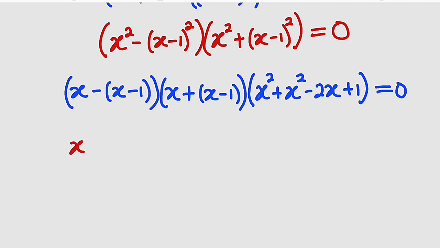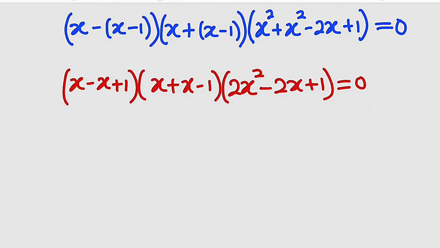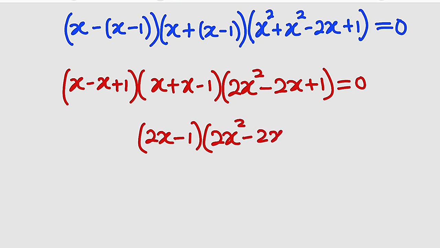This will be x minus x plus 1 if you distribute the negative sign, and the other one will be x plus x minus 1. And the last remains x squared plus x squared, which is 2x squared, minus 2x plus 1, the whole of this equal to 0. x minus x is 0 plus 1 is 1, times this will not change it. So we have 2x minus 1 multiplied by 2x squared minus 2x plus 1, the whole of this equal to 0.